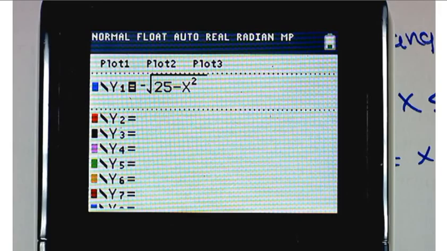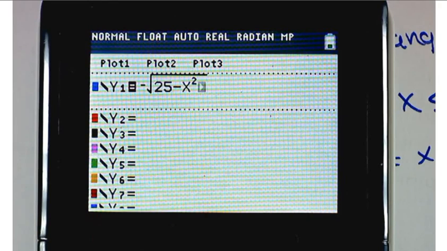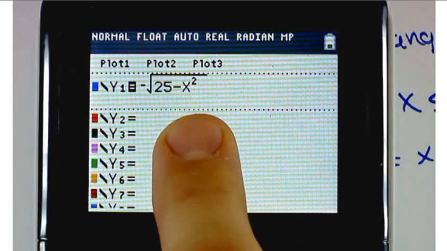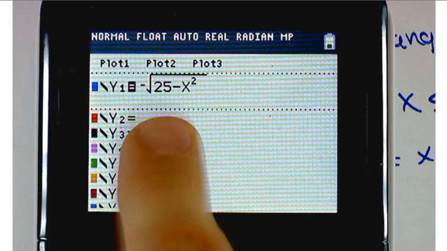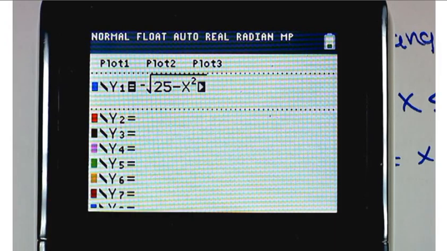It'd be negative, right? 25 minus 36 wouldn't work. So what's the biggest number that I can square and still have something less than or equal to 25? 5. Or on the other side of things, I could square negative 5. Negative 5 squared is 25. So it'd be okay between negative 5 and 5.